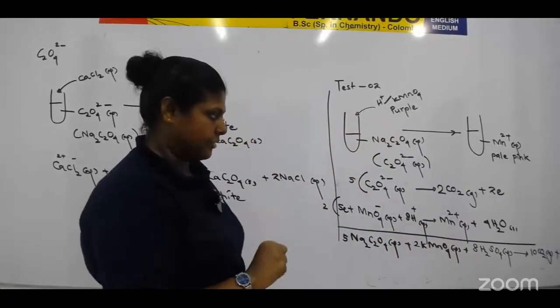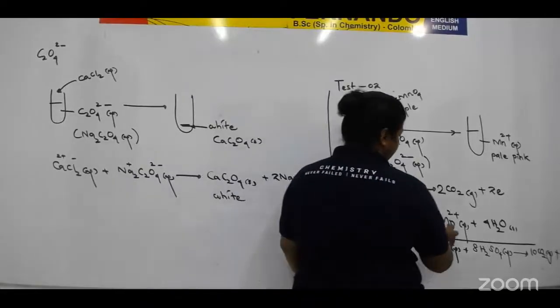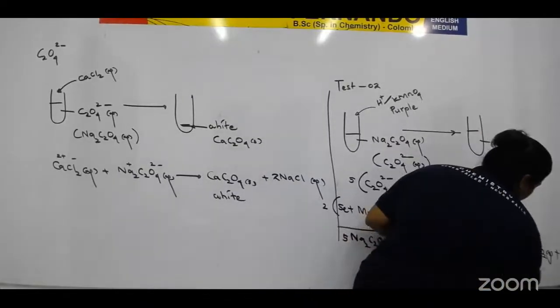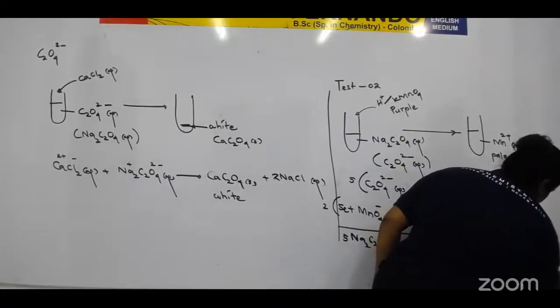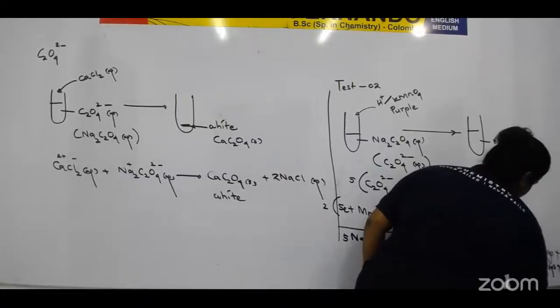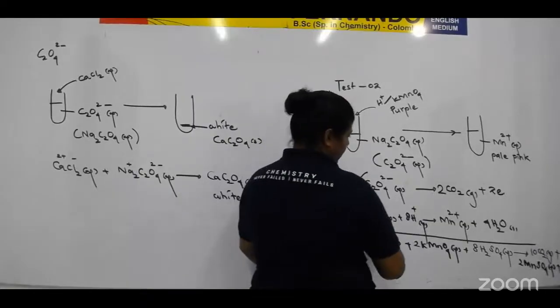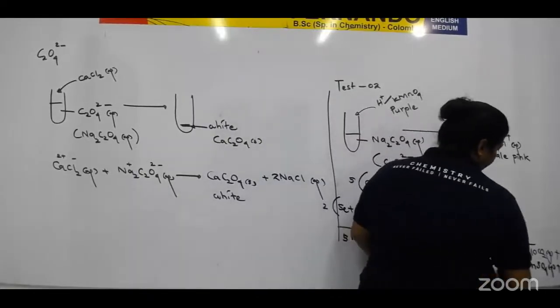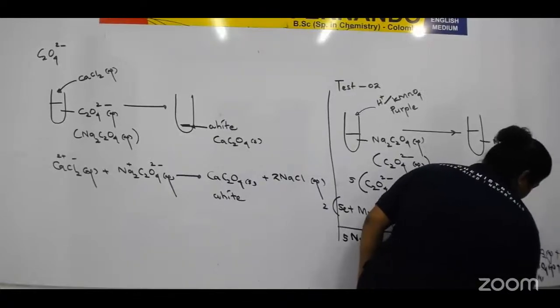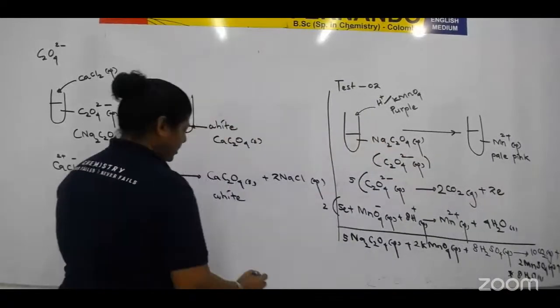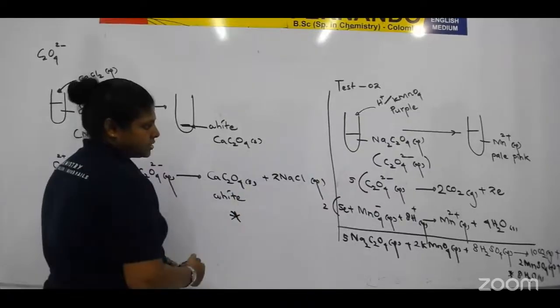From those 8 sulfates, manganese takes 2, right? 2 MnSO4. Then 2 times 4, 8 H2O liquid. I will write the remaining products here.